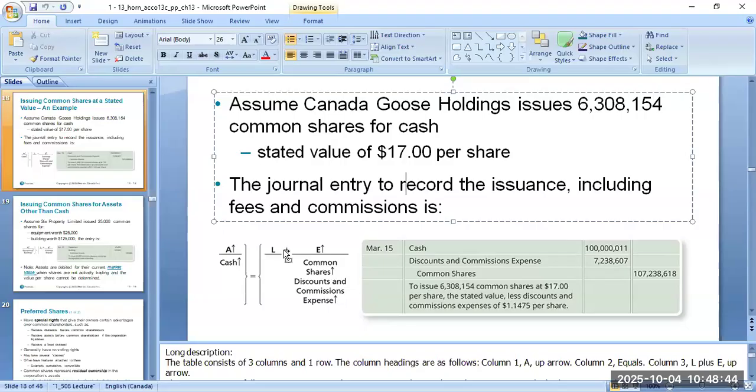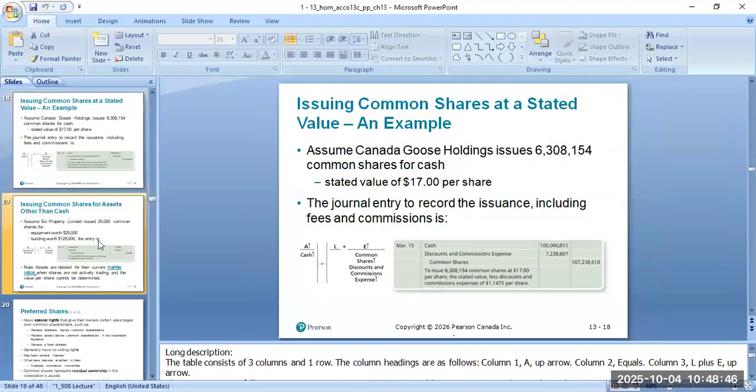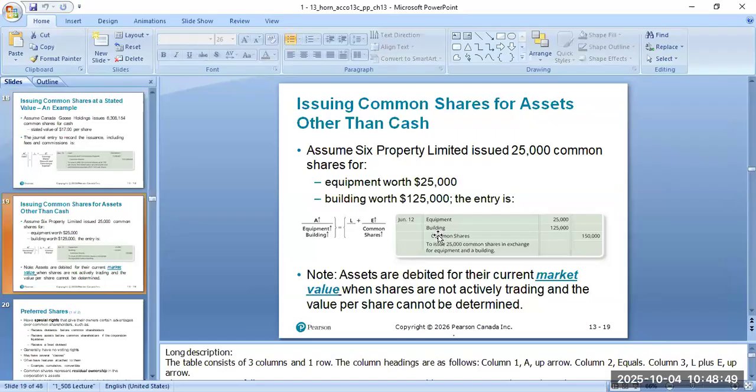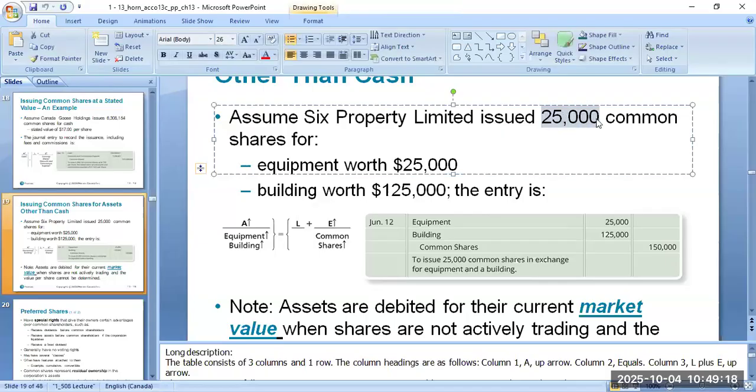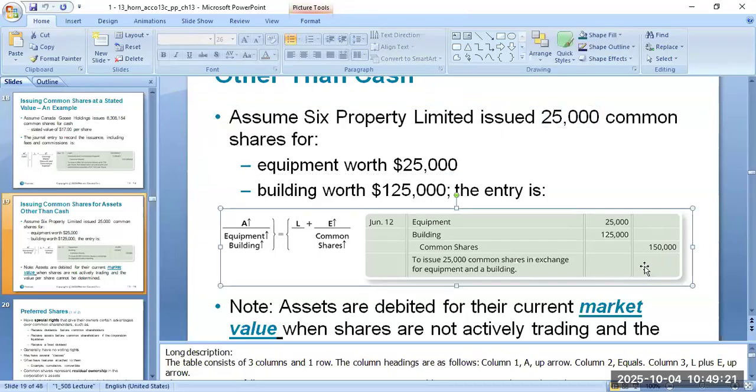Now, let's go further. See the next one. Can I get some other assets than cash and give common shares for them? Yes, you can. In this case, as you can see, the company received equipment worth $25,000 and a building worth $125,000, and the company issued common shares with a value of $150,000, which are in fact only 25,000 common shares for $150,000.